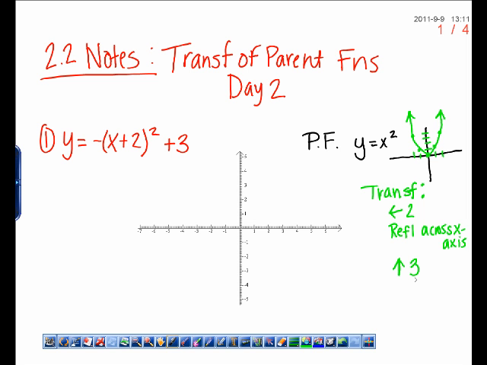Okay, would you please take a few moments and graph this function? If you need to do it in stages, that's fine. If you can do it all at once, that's fine too. Make sure you plot those 5 points. I need to know where those 5 points moved.